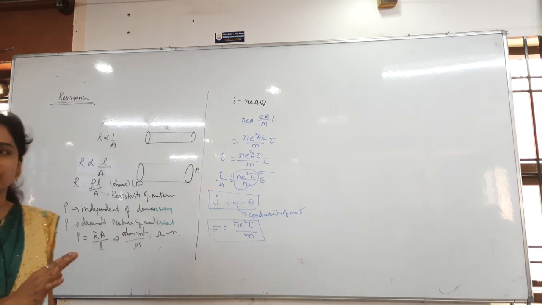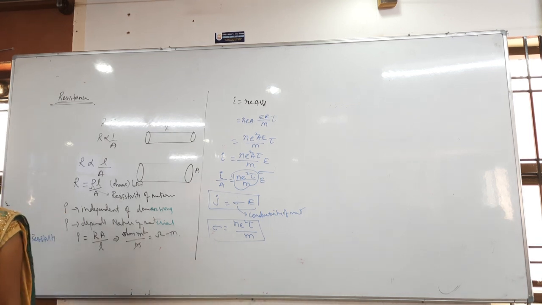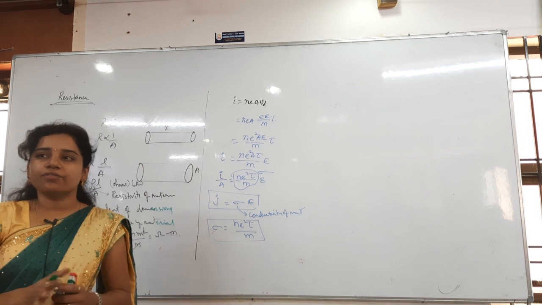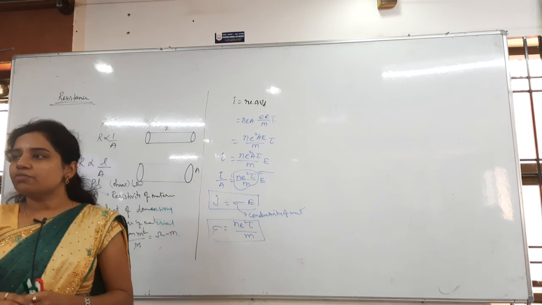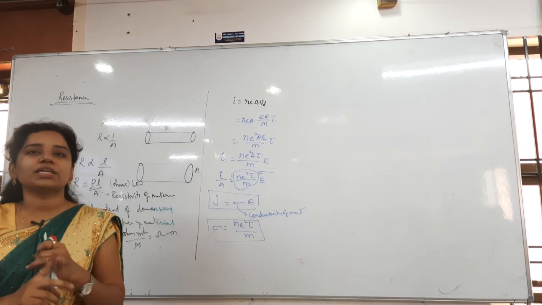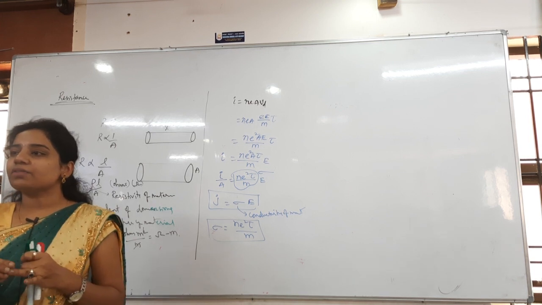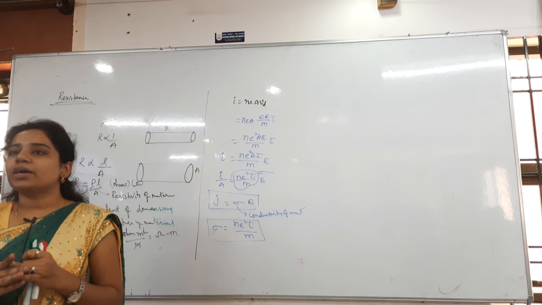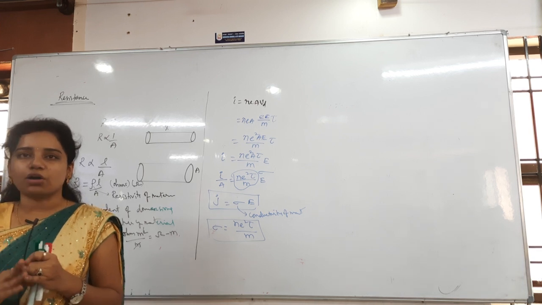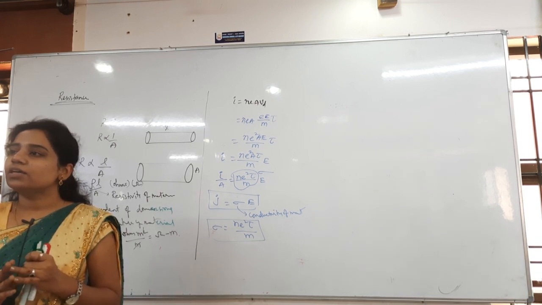I just took I is equal to nEAVd and then substituted the Vd formula. Yesterday I said that Vd can be asked in 3 ways. One is by giving the current: I is equal to nEAVd. Another is by giving the electric field: eE by m into tau. What is tau? The relaxation time.